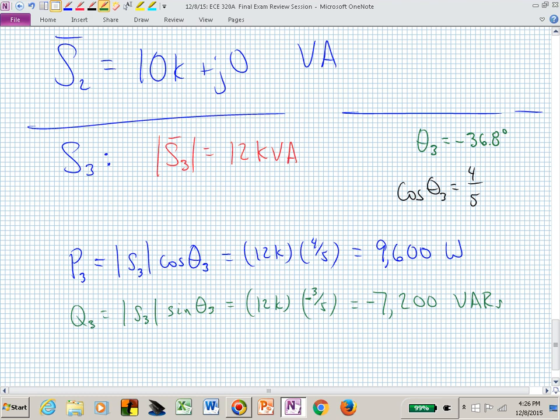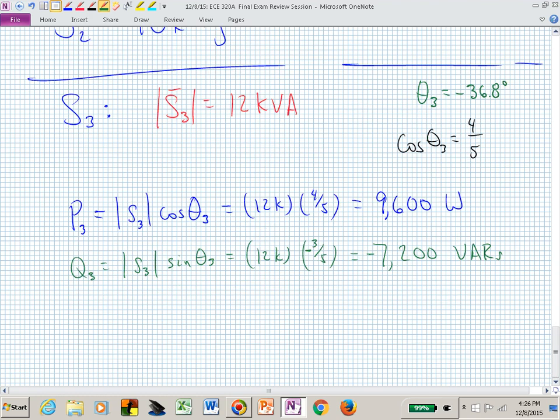The question was, what do we do with the sign? Now Q3 is negative because it's a leading power factor.